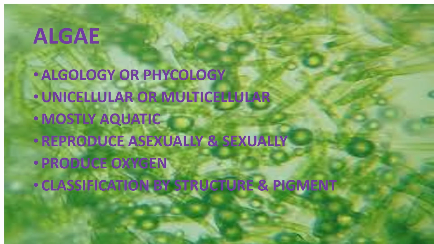The thallus of multicellular algae usually consists of a stipe, a holdfast, and blades. Algae reproduce asexually by cell division and fragmentation. Many algae reproduce sexually. Photoautotrophic algae produce oxygen. Algae are classified according to their structures and pigments.